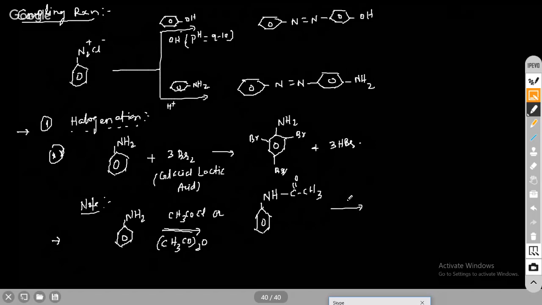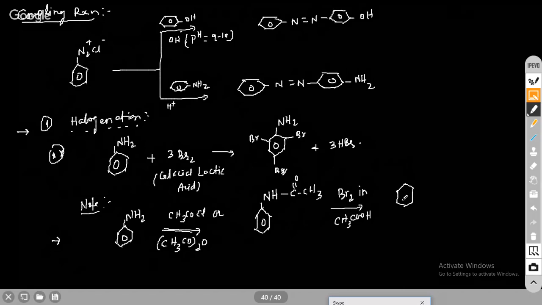Now, suppose we have to form the bromo derivative product. This we allow to react with Br2 with CH3COOH, carboxylic acid. Then we'll get what? Ortho and para substituted product.